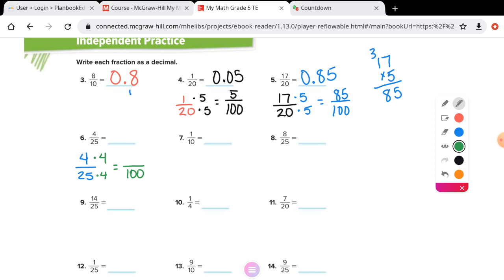Carter, what's 4 times 4? 16. Gabe, how do we say that fraction? 16 hundredths. Fisher, how do I write 16 hundredths as a decimal? 0.16. Elise, if you got 4 out of 25 as a score on a paper, would you be happy? No, because you missed a whole lot of them, right?